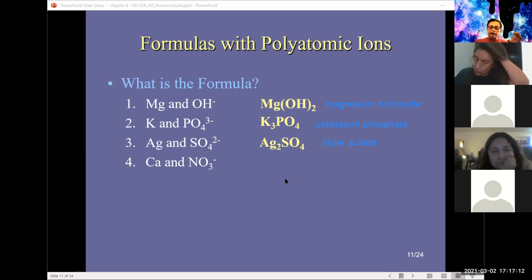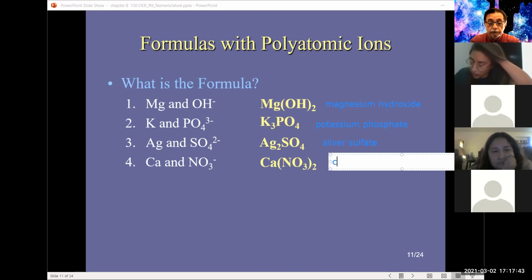So this is where we put in the parentheses because we need 2 nitrates. You don't change the NO3. You put a parentheses around it and put a 2. Okay, some people will be tempted to say, well, why can't you make it N2O6? That's because that makes it into something else, not nitrate. Okay, so you got to do a parentheses. So this name is calcium nitrate.